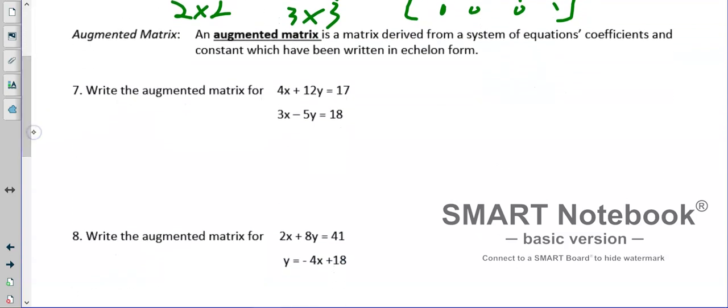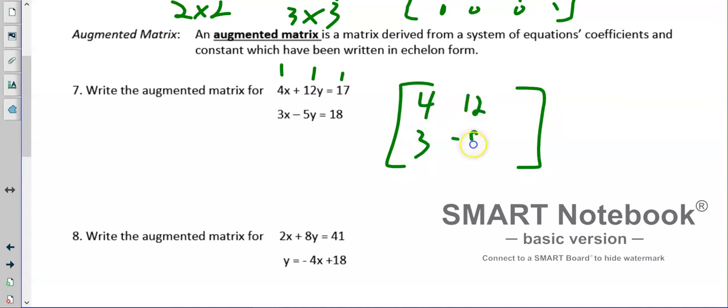An augmented matrix, I've kind of already alluded to, is where you take these numbers here and put them into the matrix. So you just put your brackets, you put 4 and 3, pay attention to negatives, 12 and negative 5, 17 and 18. That's it.